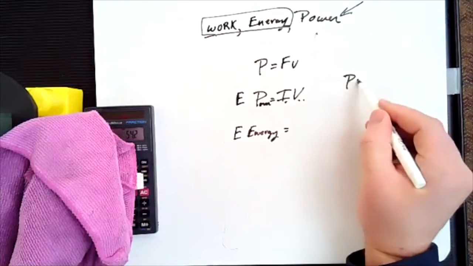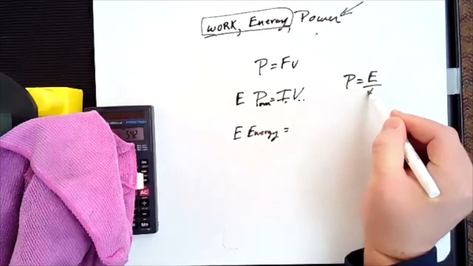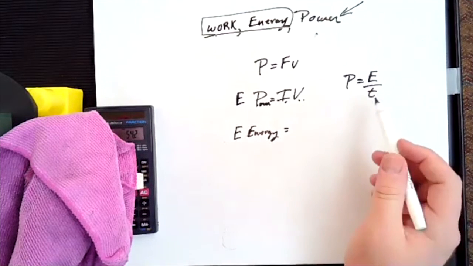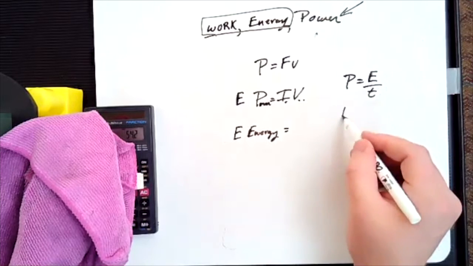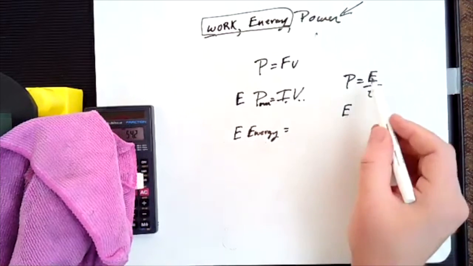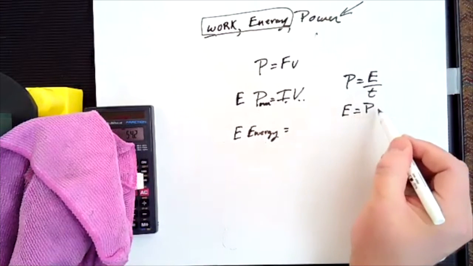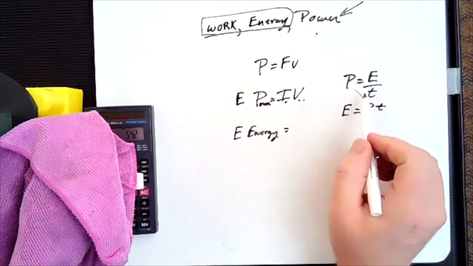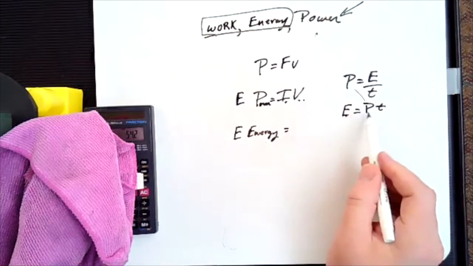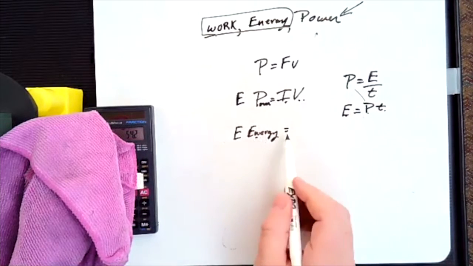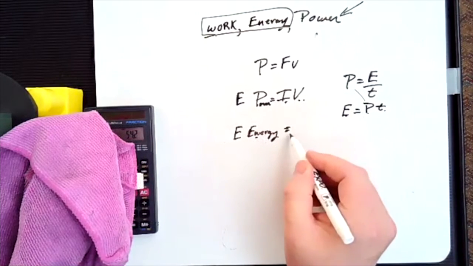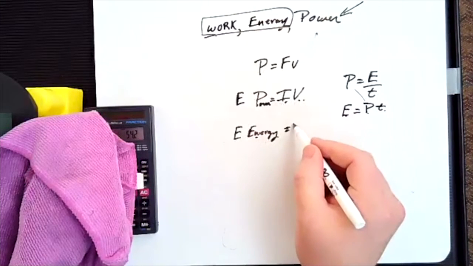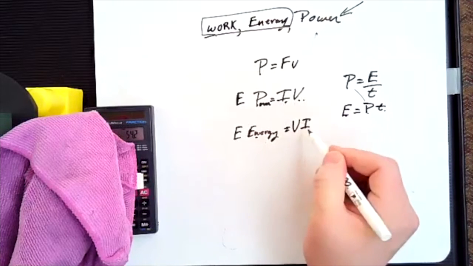Well, power equals energy over time, right? And so energy, we're trying to figure out energy, right? Energy would equal power times time. That makes sense? So energy is power times time. So what's the equation for electrical energy? It'd be power times time. And what's power? Power is the volts times the amps, right?